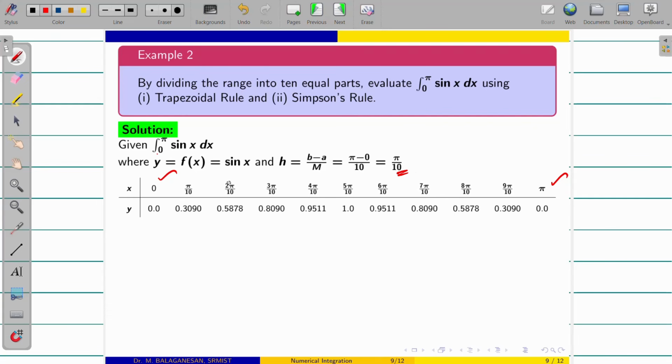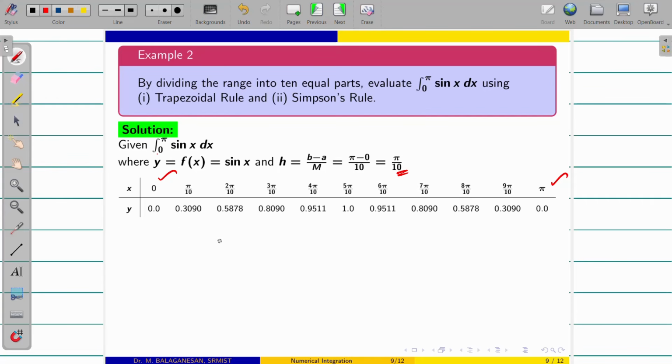You need not cancel here, guys. 2 divided by 10 is pi divided by 5, but you need not do that, because we are going to substitute the values in the calculator only. We are not going to do anything manually, so no need to cancel the values. Don't waste your time. So 3 pi by 10, 4 pi by 10, 5 pi by 10, 6 pi by 10, 7 pi by 10, 8 pi by 10, 9 pi by 10, 10 pi by 10 will be pi. Up to pi we have to count.